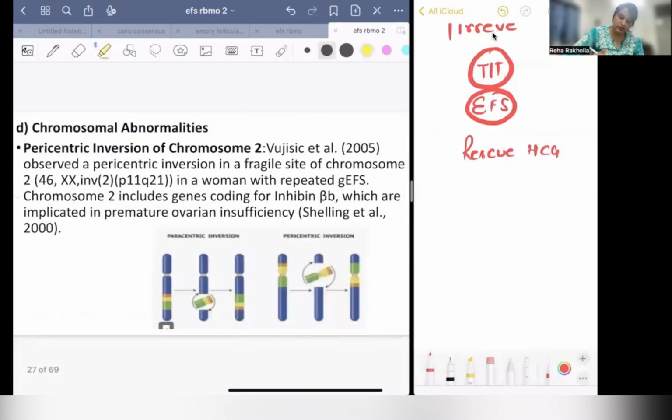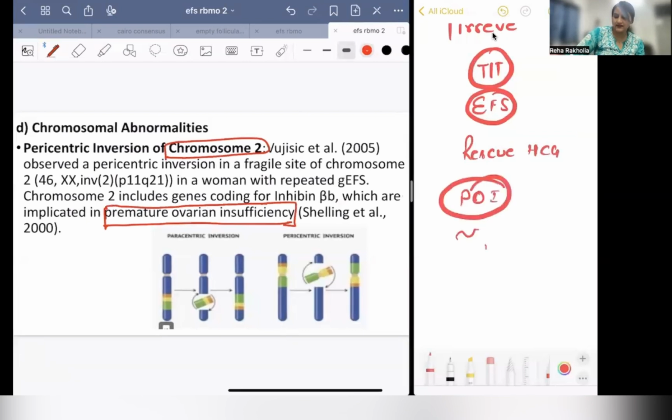Now, chromosomal abnormality. First is pericentric inversion of chromosome 2. This chromosome 2 is also linked with premature ovarian insufficiency, meaning there is some link between premature ovarian insufficiency and EFS.